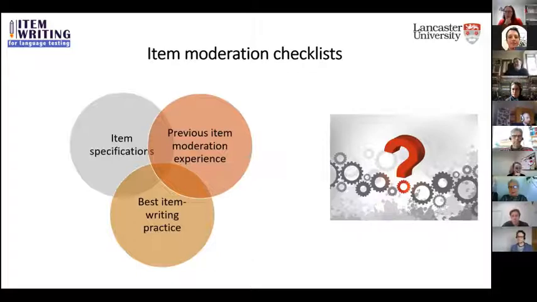So the important thing, in whatever medium it is, whether you meet as physical people in the same room or whether you meet online, is that you do meet and you do discuss the items so that you don't provide conflicting feedback to item writers, and that during those meetings you develop a common understanding of what a good item type written to the specifications is and how items should be revised.